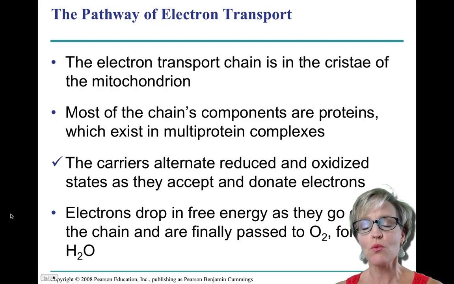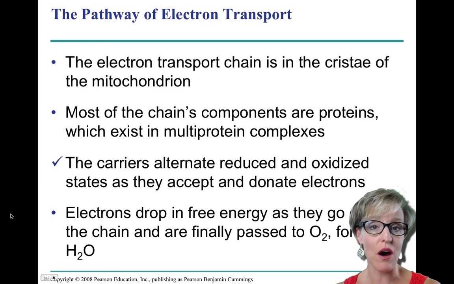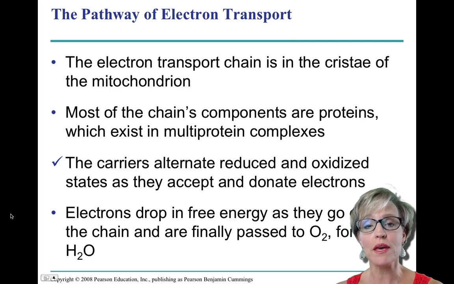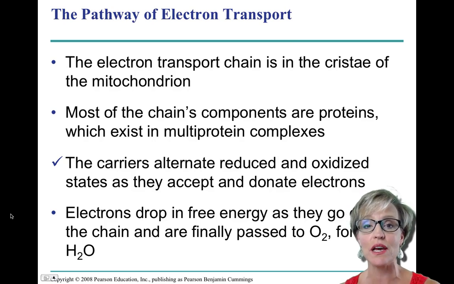The carriers will alternate. They'll drop their electrons off. They'll also drop off protons, which are the hydrogen ions, and the electron carriers will be oxidized by the proteins in the electron transport chain.